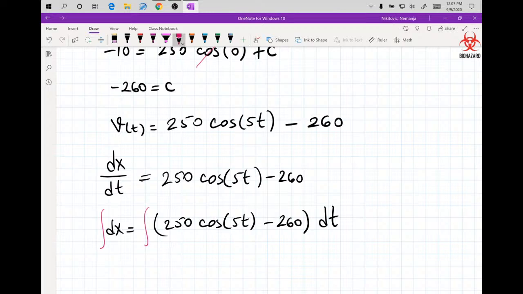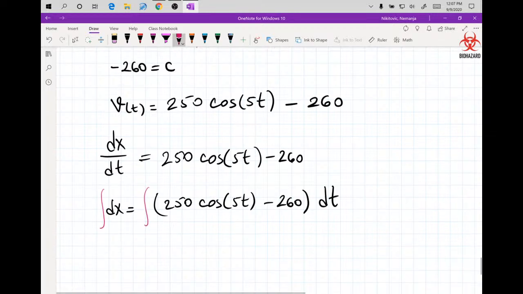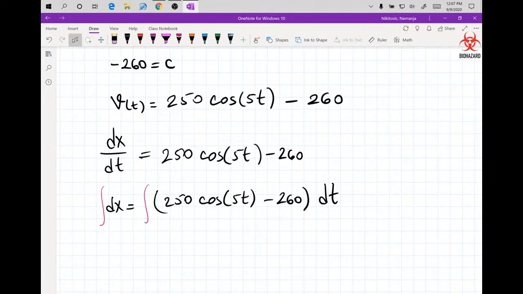Hit both sides with the integral sign, and we get x equals 250 cosine 5t minus 260. All of that, well, no, I need to integrate. Go back.